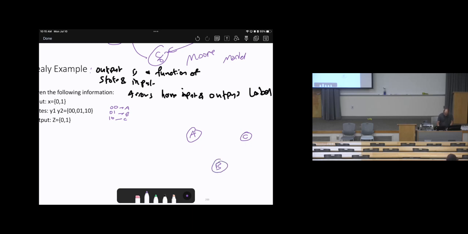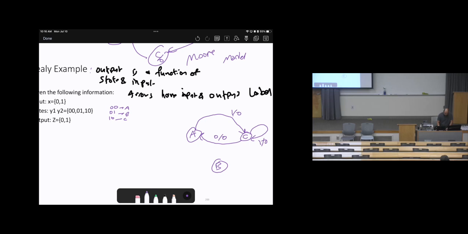So here it is 1 over 0. Here it is 0 over 0. Here it is 1 over 0.